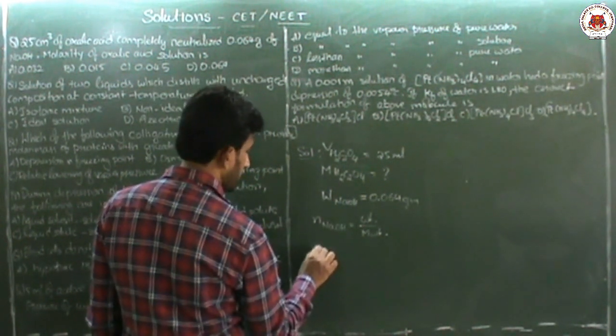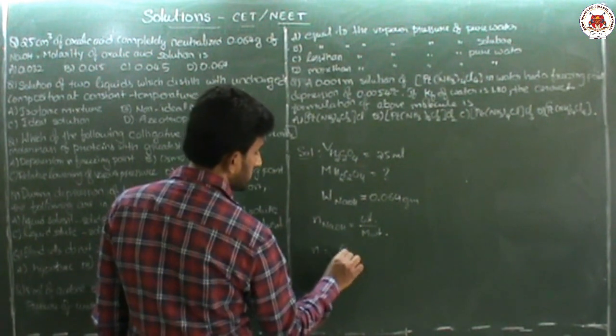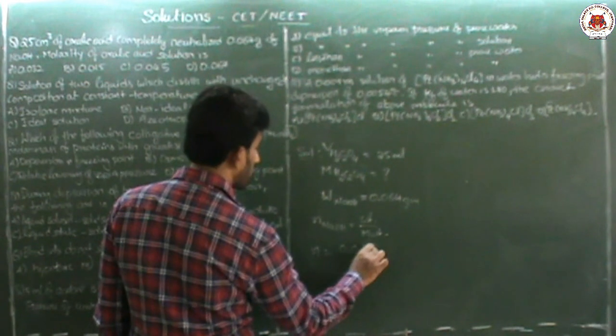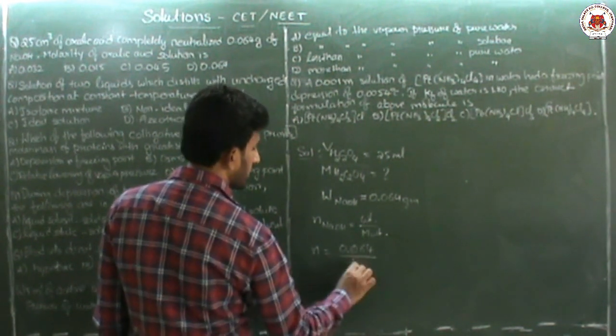So number of moles of NaOH is equal to 0.064 divided by the molecular weight, which is 40.